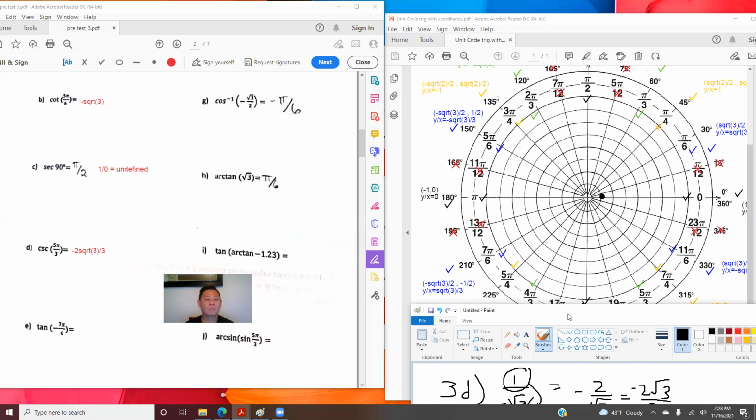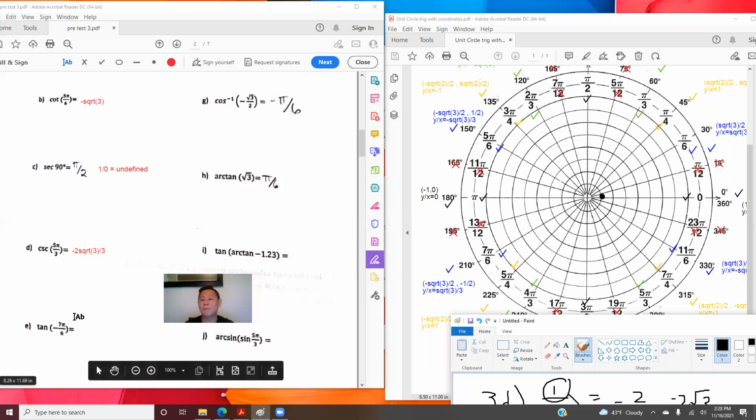So is it negative 1/2 over square root 3 over 2? Where is negative 7 pi over 6? What quadrant does it belong to? Is it in the third quadrant? No, it's negative.